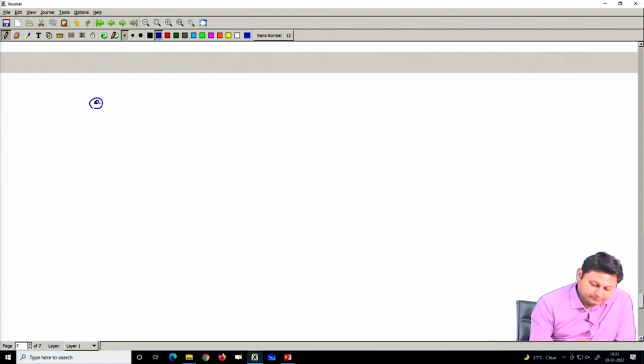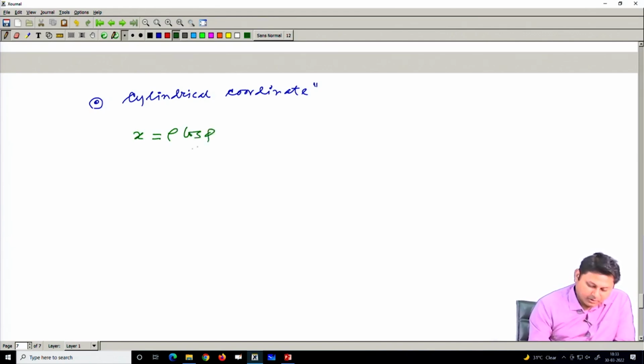So, for the cylindrical coordinate system, we have the relation, and that relation I am going to exploit. x is equal to rho cos phi, y is equal to rho sin phi, and z is equal to z.